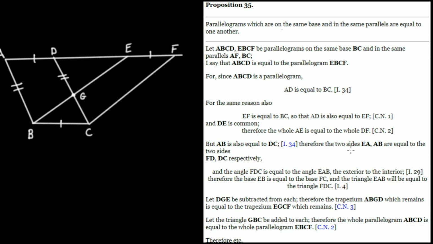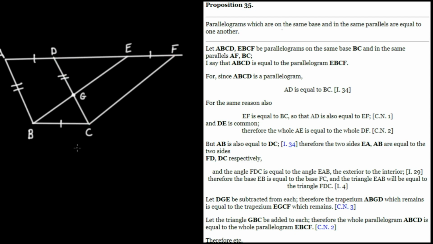Therefore, the two sides EA, over here, actually I'll highlight that just to make the triangles clear. So we have EA and AB, he says, are equal to the two sides FD, which is over here, FD and DC, respectively, which is true.